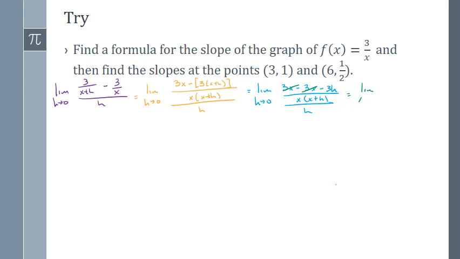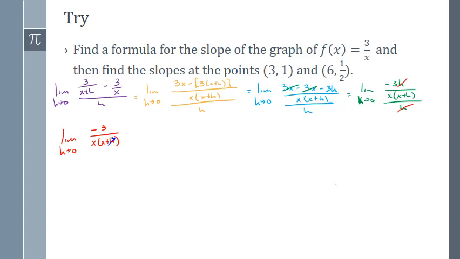We get the limit as h goes to 0 of negative 3h over x times x plus h, all over h. Now those h's cancel, and I'm left with the limit as h goes to 0 of negative 3 over x times x plus h. Now I can use direct substitution.